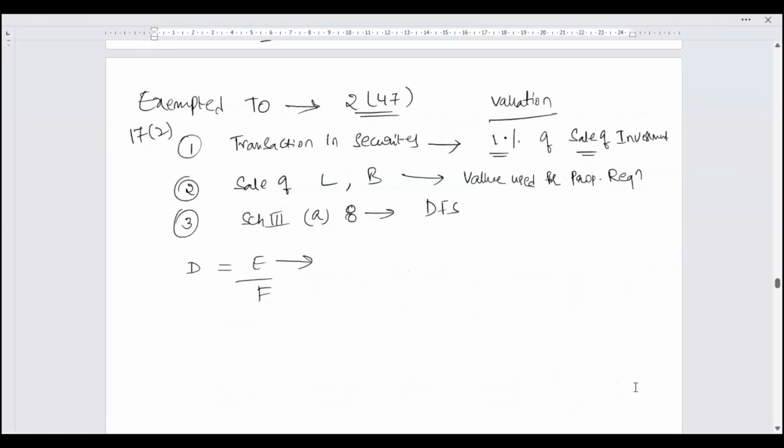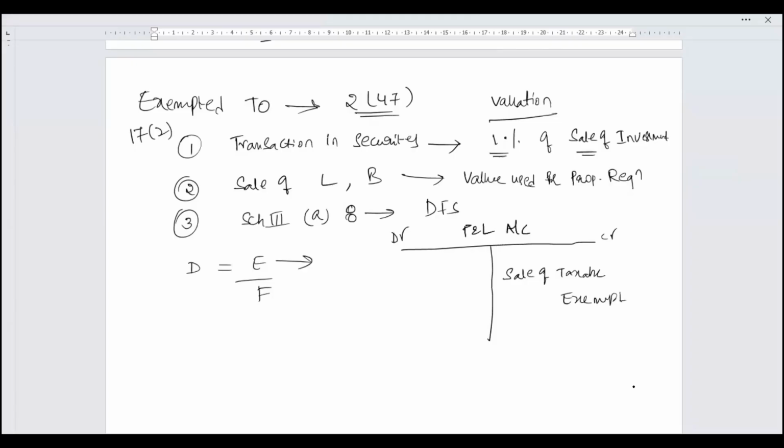When we prepare our financial statements, assuming that this is my P&L account. In P&L account, I have sale of taxable goods, sale of exempt goods, then I have other income.